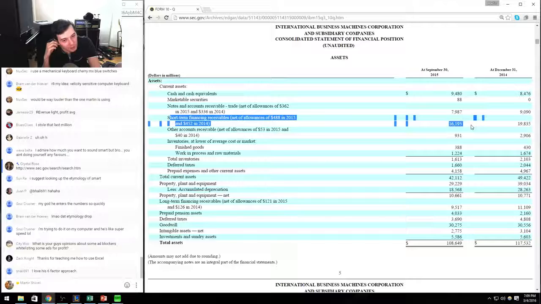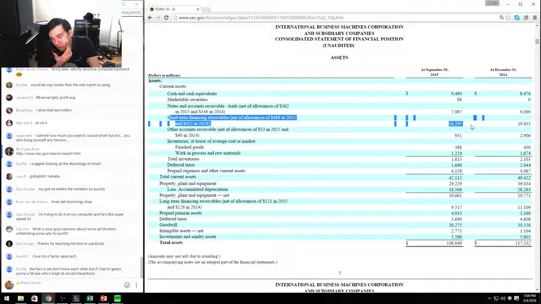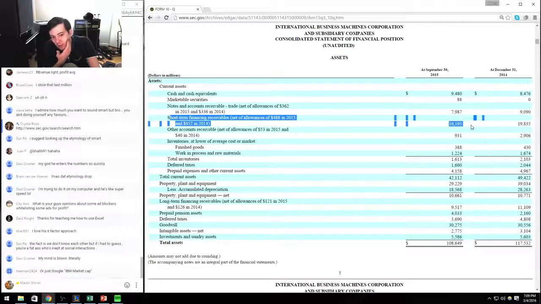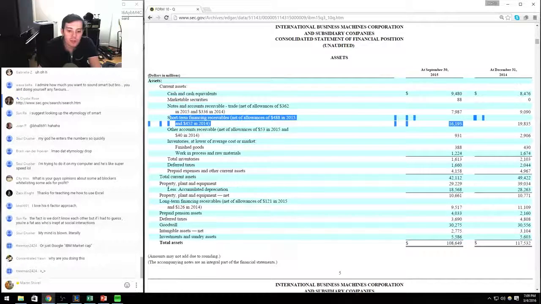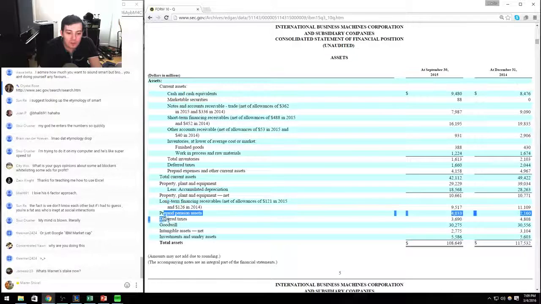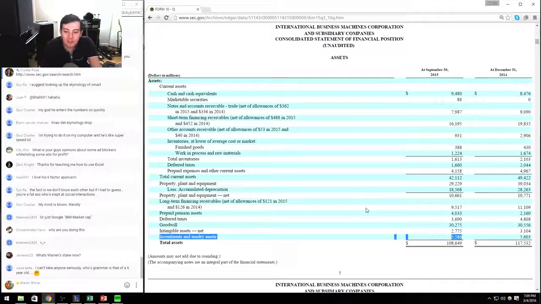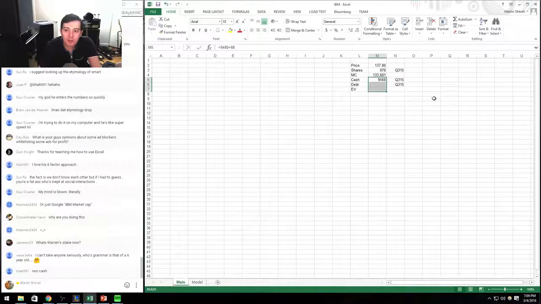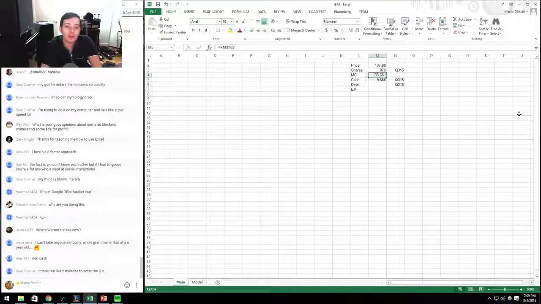I think that they're not really receivables in many ways. So we're going to ignore those in terms of cash. Long-term financing receivables, etc. They have some investments in sundry assets. I don't like to include that, but it could be another $5 billion in cash right here. So let's just leave it at around $9.5 billion of cash.